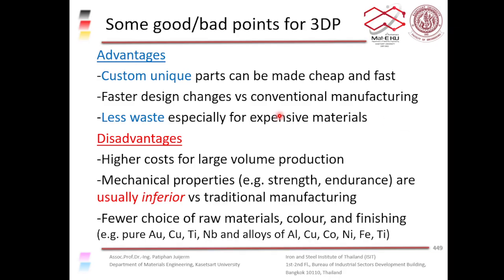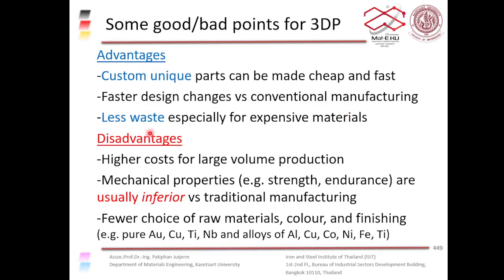So basically, you can design it and then print it out and see if it works. If it doesn't work, you can change the design, print another piece, and see if it works, right? Compared to conventional manufacturing like machining, it might take longer to machine a piece compared to 3D printing.